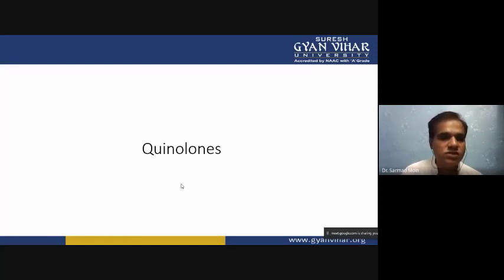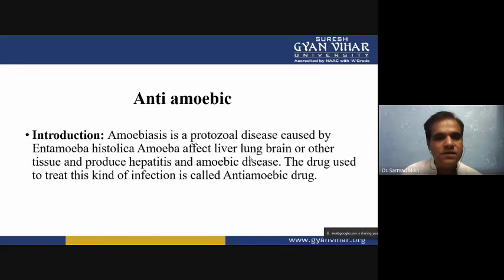Then quinones. Quinones are another type of compound which function as antibacterials. There are also antiamoebic compounds, which act against amoeba and amoebiasis. Amoebiasis is a protozoal disease caused by Entamoeba histolytica, and the amoeba affects the liver, lung, brain, or other tissues.